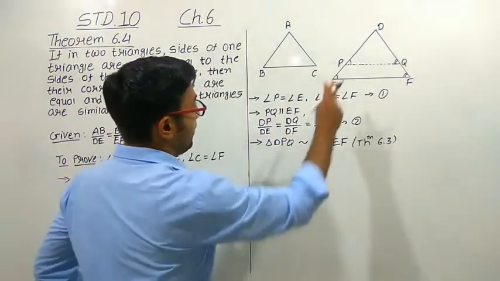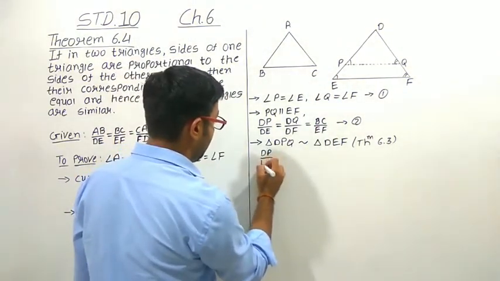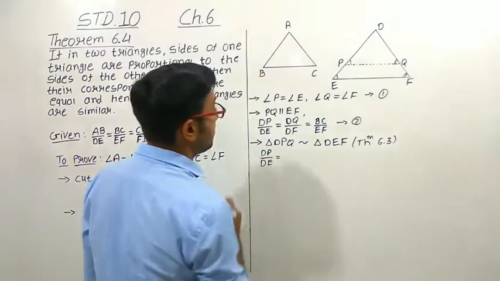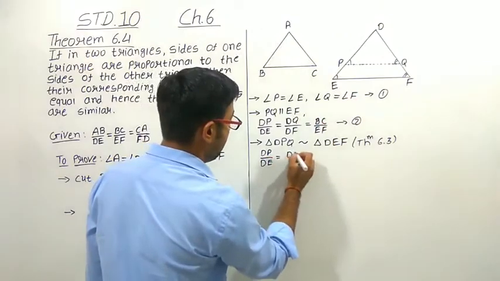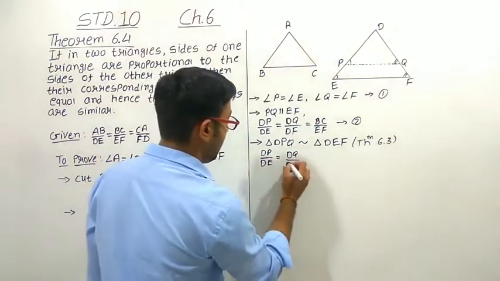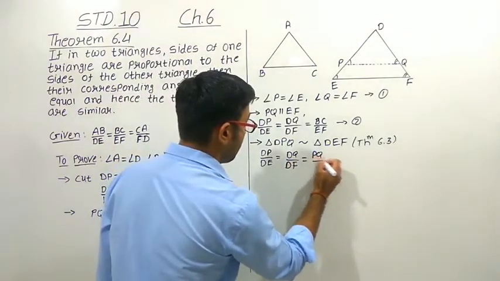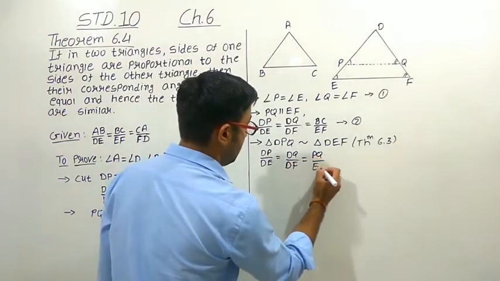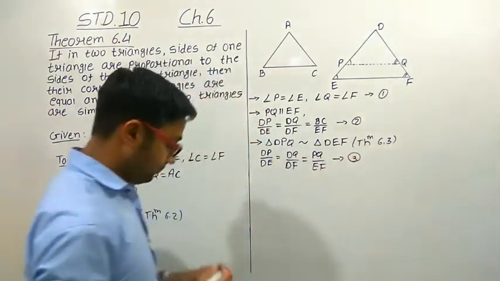Okay, so now we can write down the proportion, that is DP upon DE will be equal to DQ upon DF, and that will be equal to PQ upon EF, right? Give it the equation number 3.